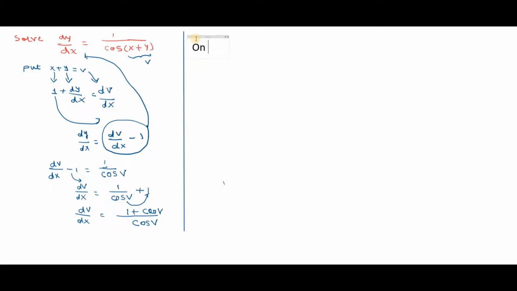Next, on separating the variables, that means we collect the terms containing v and dv on one side.